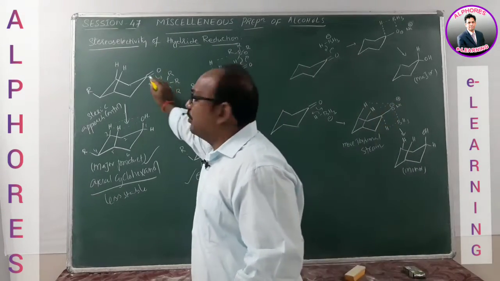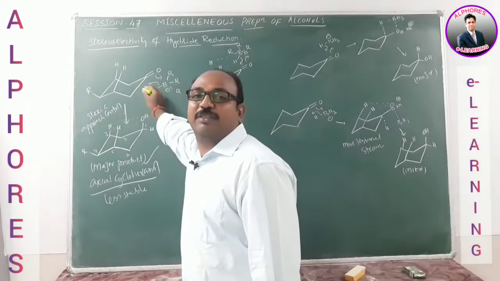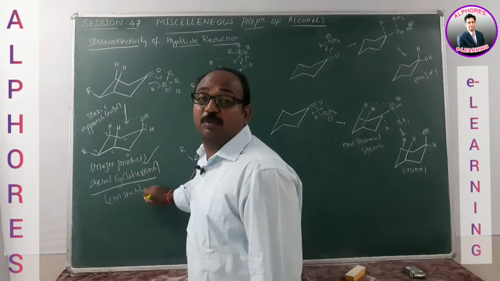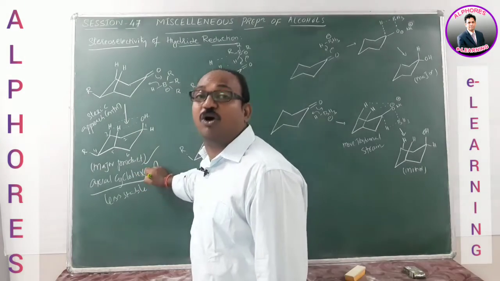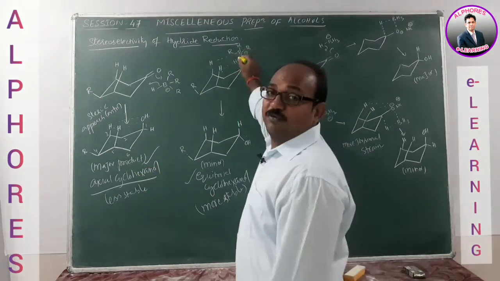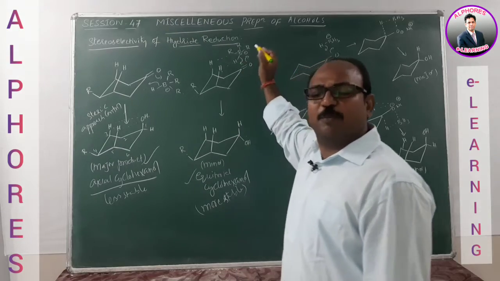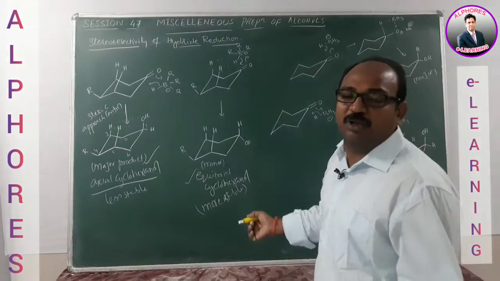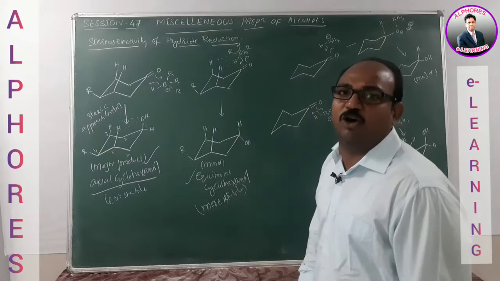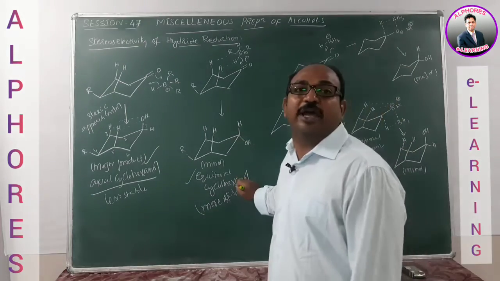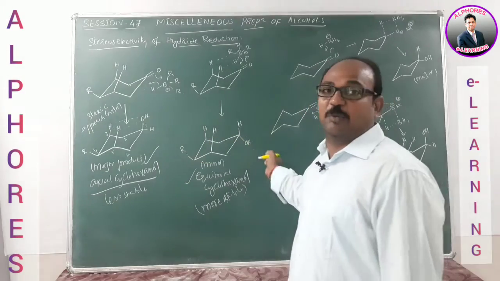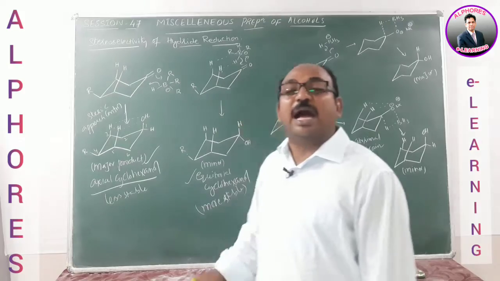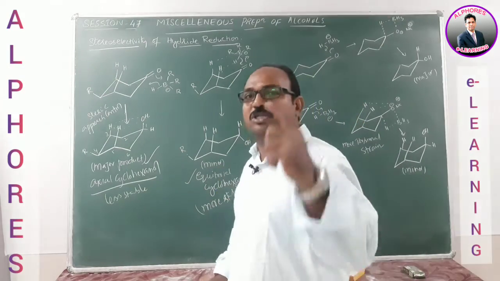So here its approaching tendency is more. Further, you are getting the major product as the less stable axial cyclohexanol, and because of more hindrance its approach is less. That's why you are getting the more stable equatorial cyclohexanol as the minor product. Major product, minor product, but here the major product is the less stable product and the minor product is the more stable product.